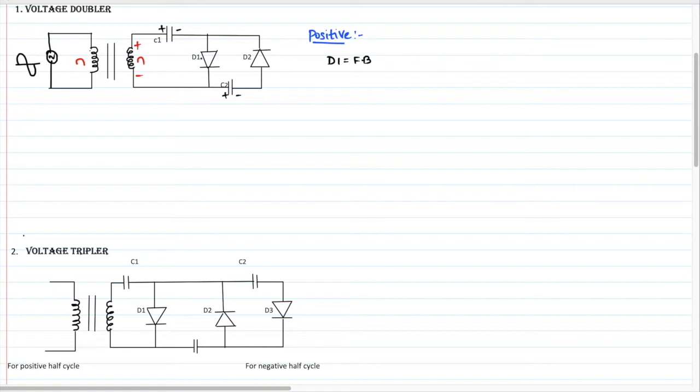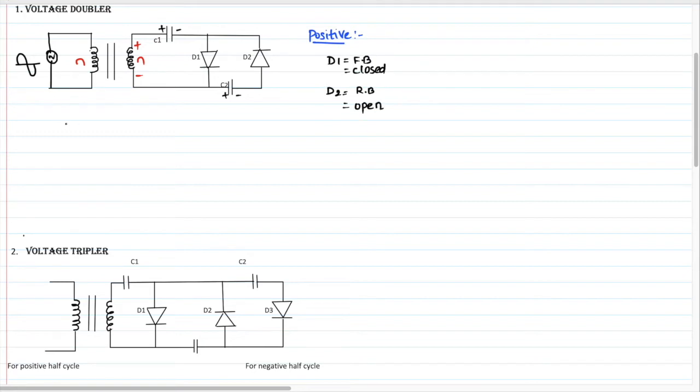So the diode becomes forward bias, that is, a closed switch. And the same positive signal you will be applying to diode D2's cathode. So this diode will become reverse bias and it will become open.